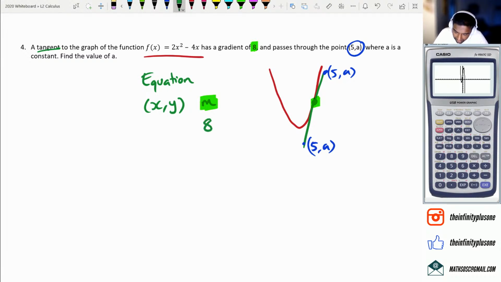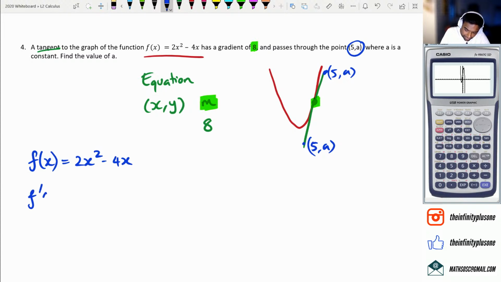I need to figure out what the x and y values are. To do that, because I have f(x) which is 2x squared minus 4x, I can work out f dash of x. When I work out f dash of x, I'm going to end up with 4x minus 4.